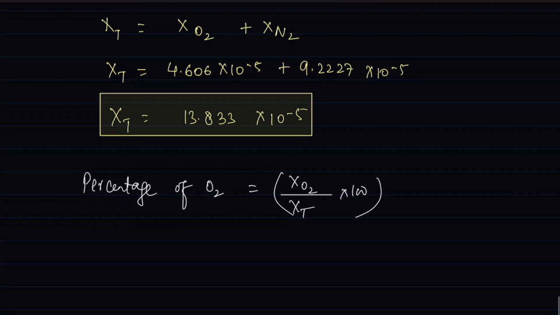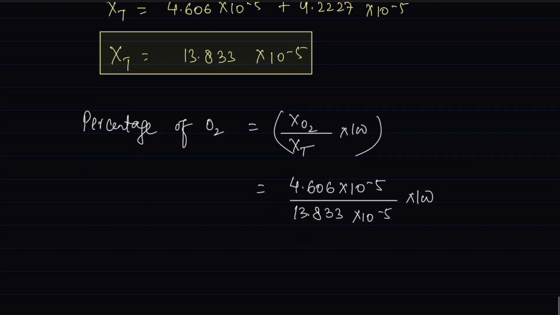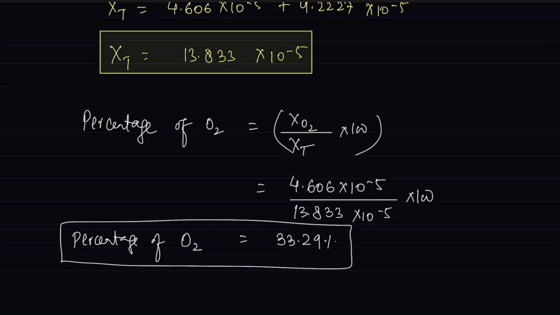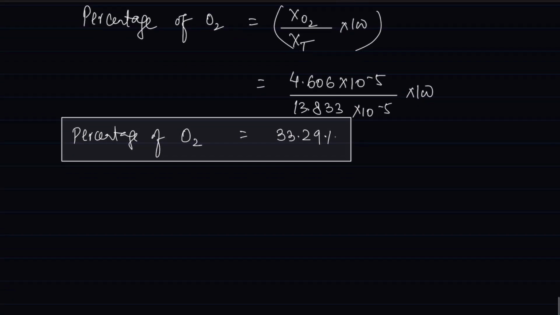So by substituting the value, it is 4.606 into 10 to the power minus 5 divided by 13.833 into 10 to the power minus 5 into 100. So the percentage of O2 is equal to 33.29%.